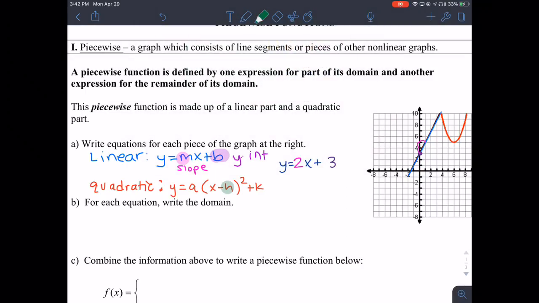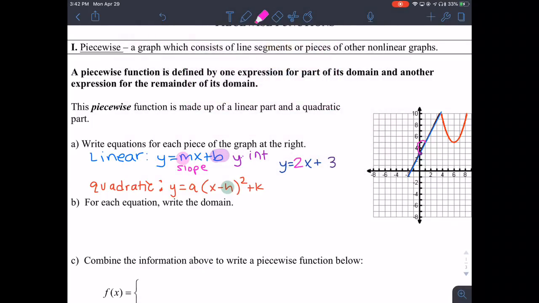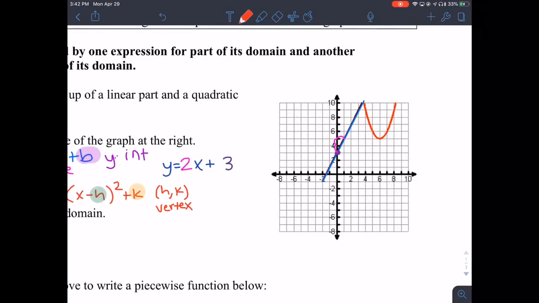And just a reminder, your h is your horizontal shift, whereas k is your vertical shift. Also, (h, k) is the vertex.